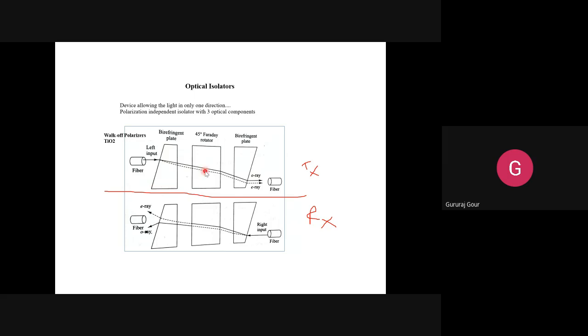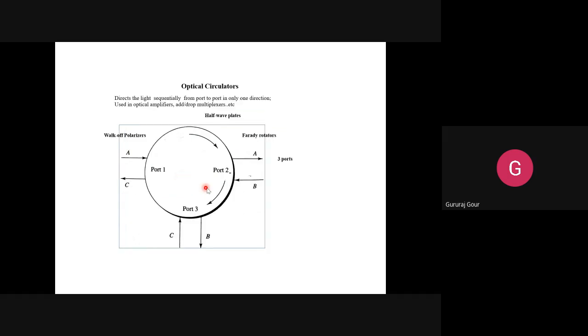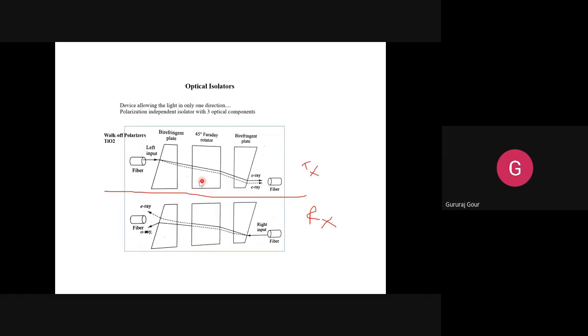And in the middle, you have the 45-degree Faraday rotator. It is going to rotate any field component entering there. So by the time it exits from this Faraday rotator, going left to right, any field component will be rotated by 45 degrees.